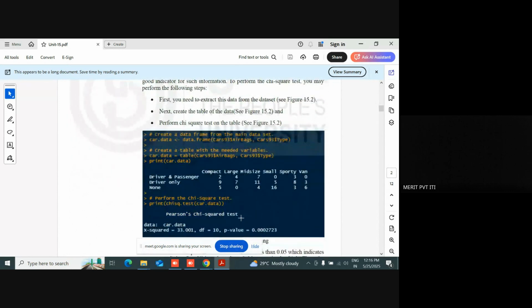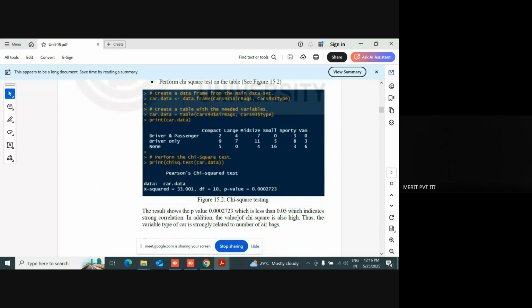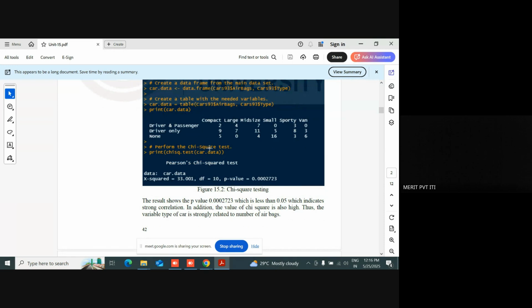So it's important to know that the chi-square test p-value is less than 0.05, which indicates strong correlation. In addition, the value of the chi-square is also high. Thus, the variable type of car is strongly related to number of airbags.